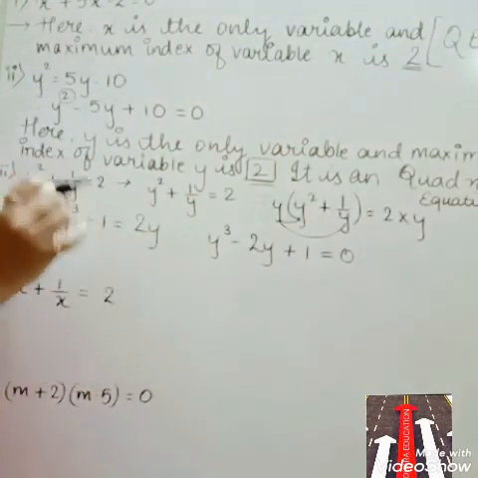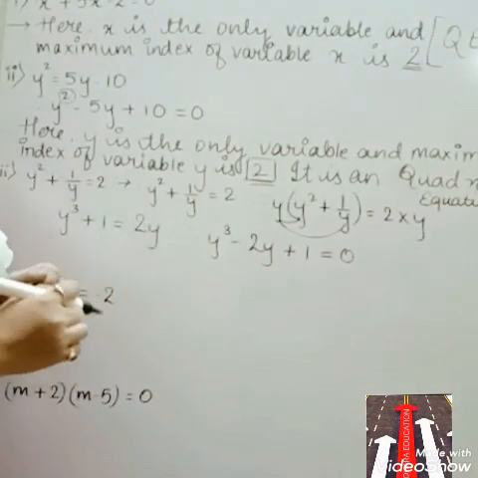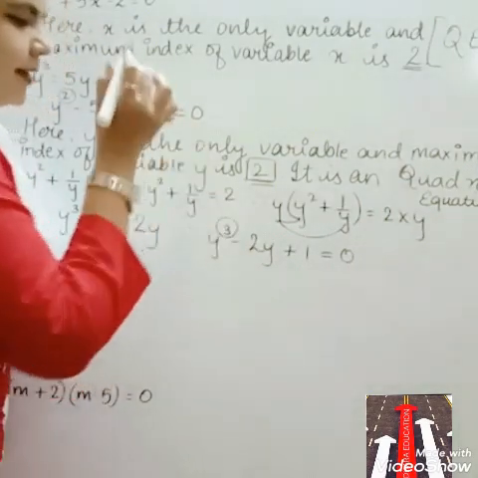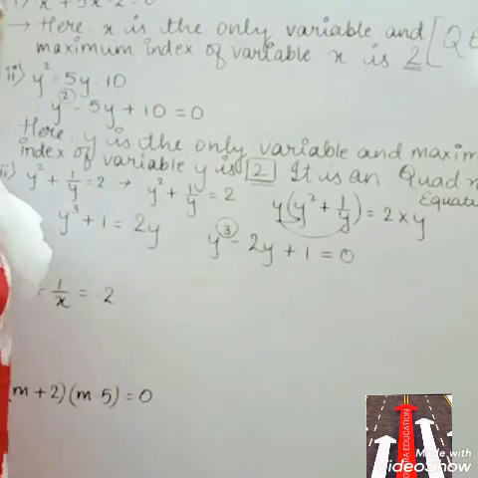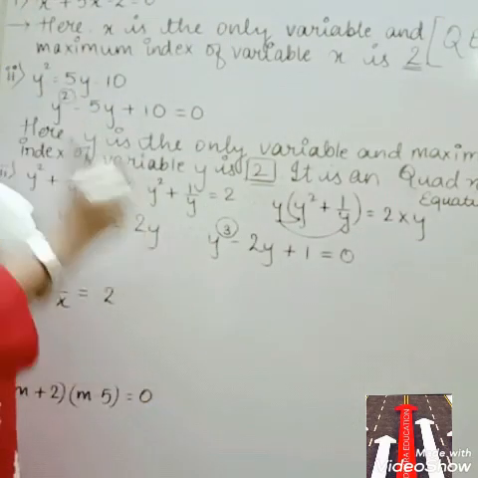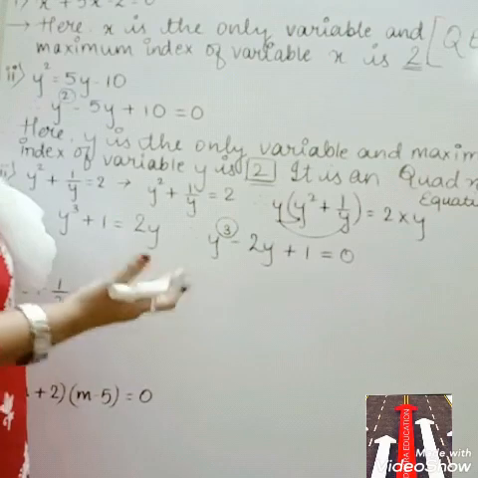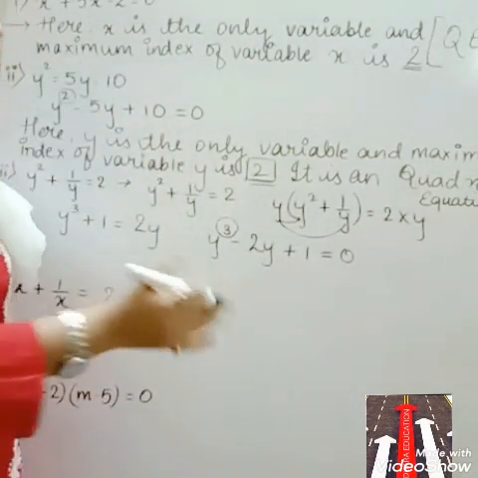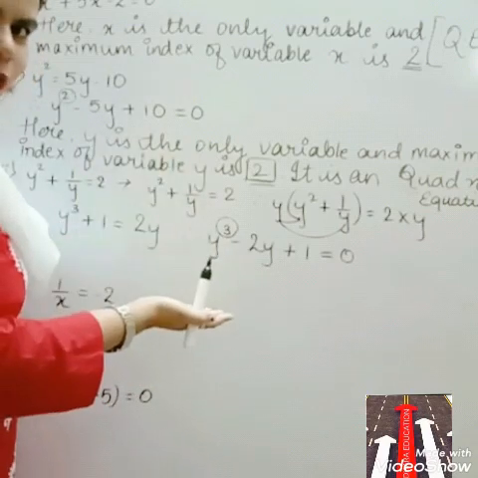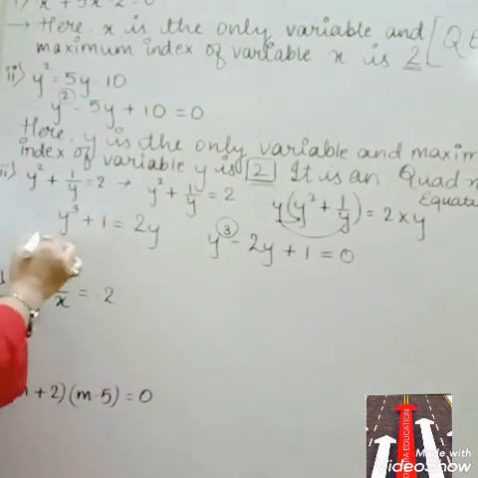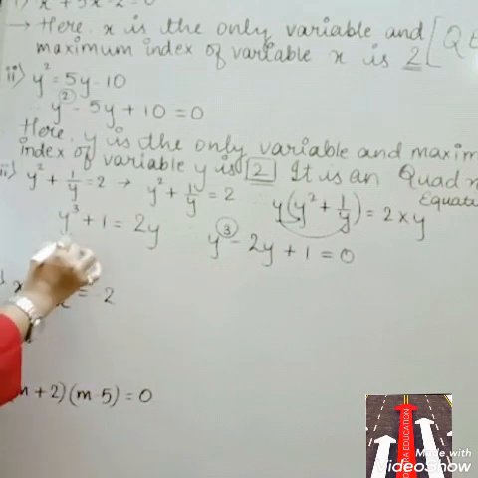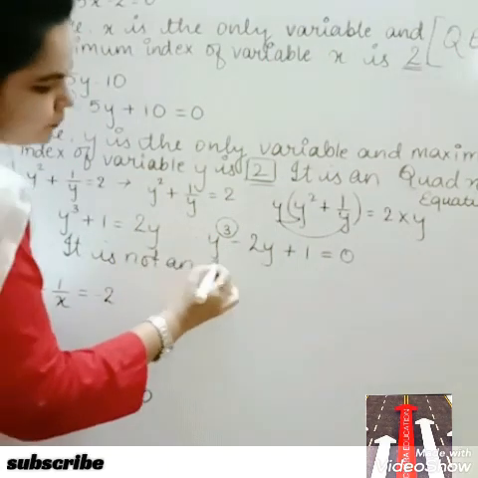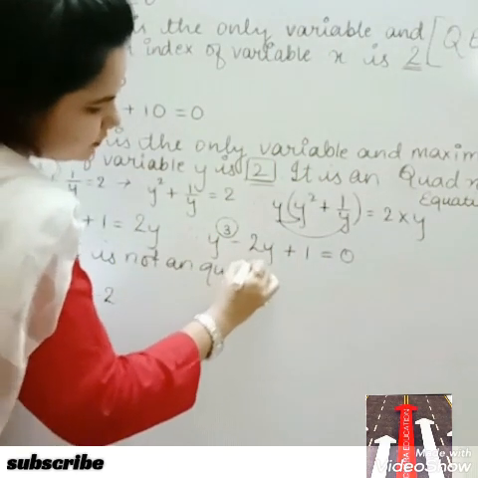So now the matter is identification. How are you going to identify this? The highest index of variable y is 3. But in the standard form of the quadratic equation, we have learned that it should not be more than 2. So 3 is more than 2, obviously. So henceforth, we can write that it is not a quadratic equation.